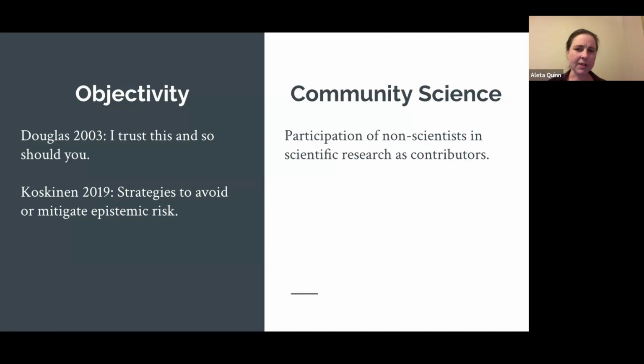For purposes today, I'll try to stick with community science. Perhaps during the Q&A, we could talk about some of those potential distinctions, which is related to the fact that this is a really interdisciplinary project at this point, so that there are differences across literatures and disciplines in the use of terminologies.